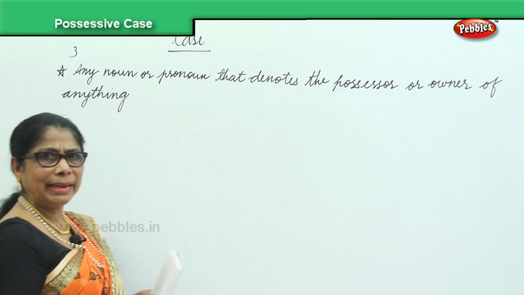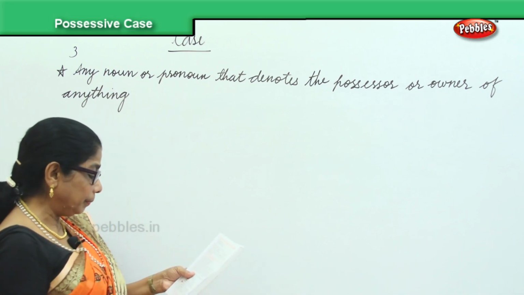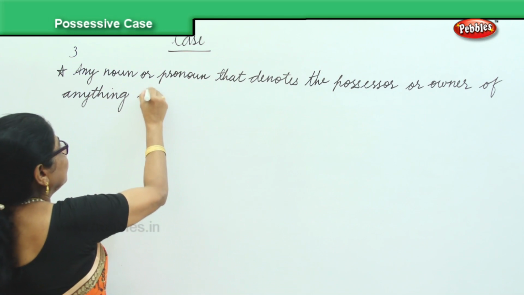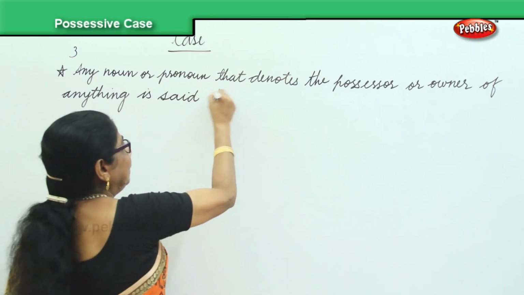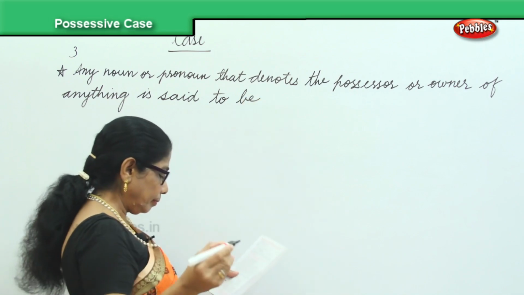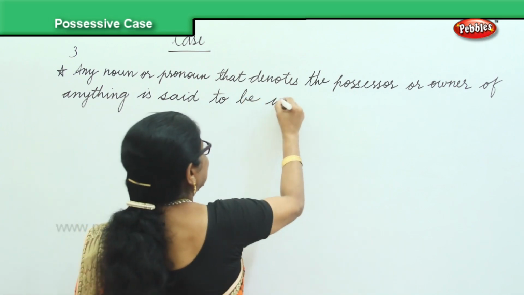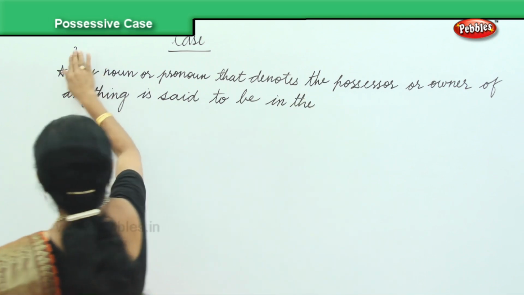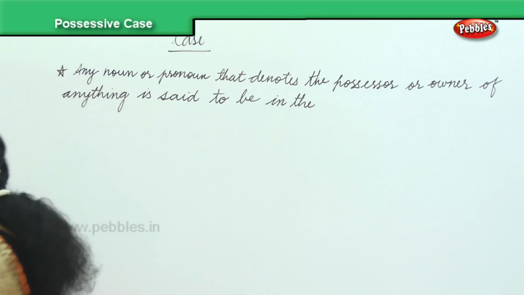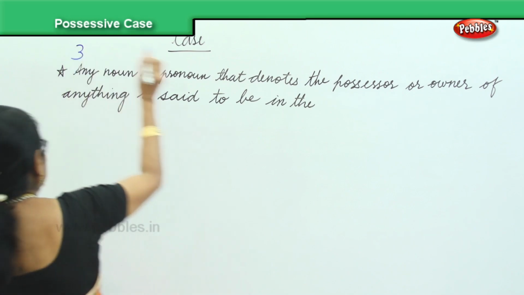I can say my pen, my book, my board, okay. It's said to be in the possessive case. And this is the third and the last one, okay.